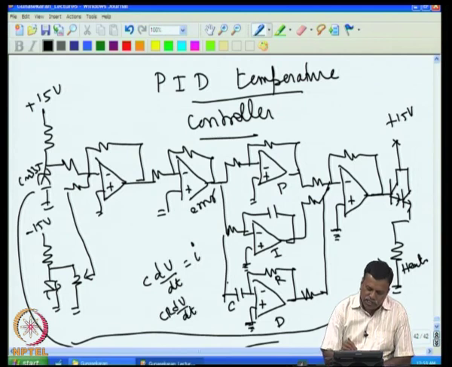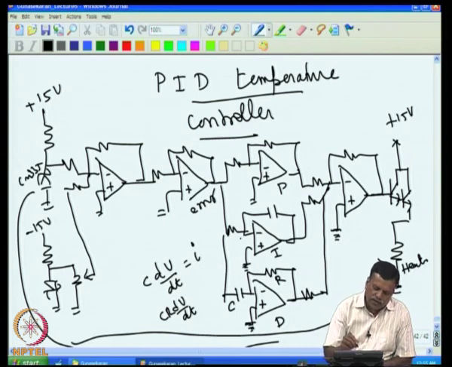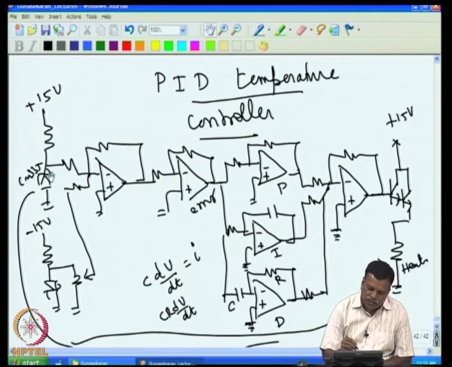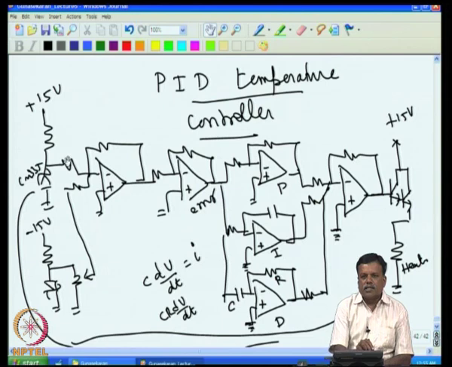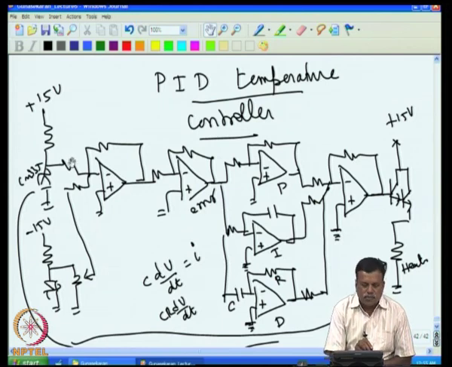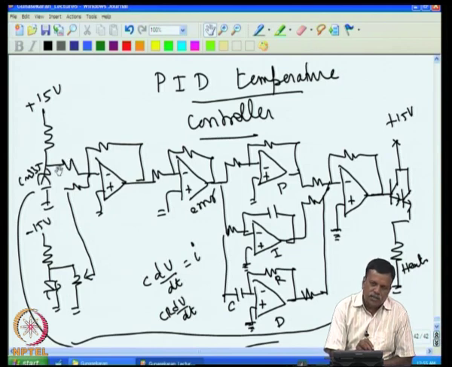Here dV by dt is the rate of change of this voltage, or actually the rate of change of the temperature. So a temperature change produces a voltage change here, and the voltage available at this point depends upon the rate of change. If the temperature change is fast, or if it is a mechanical system where I am dealing with positioning and the system is moving fast, then this voltage also will be changing fast.